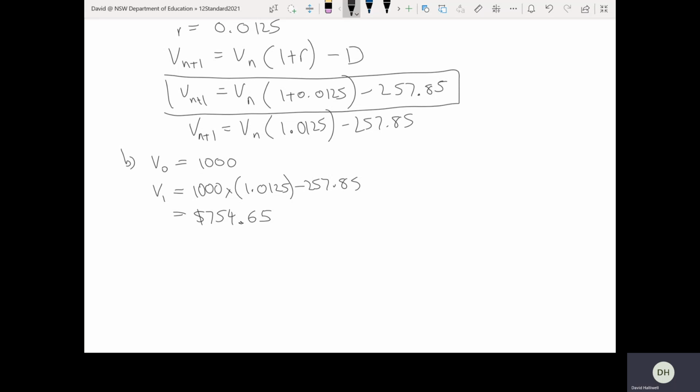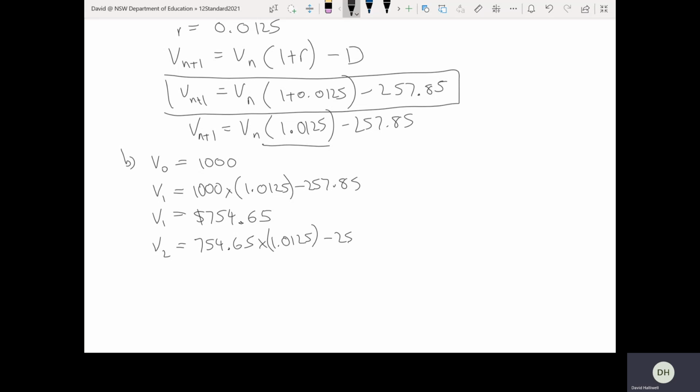Okay, so we've had interest happen and we've minused our repayment. So that's at the end of one payment. That's how much is left on my loan after one payment. Now let's go to the second payment. Remember the rule is start with the current value, V sub n. So current value is 754.65. Then we times it by 1.0125.